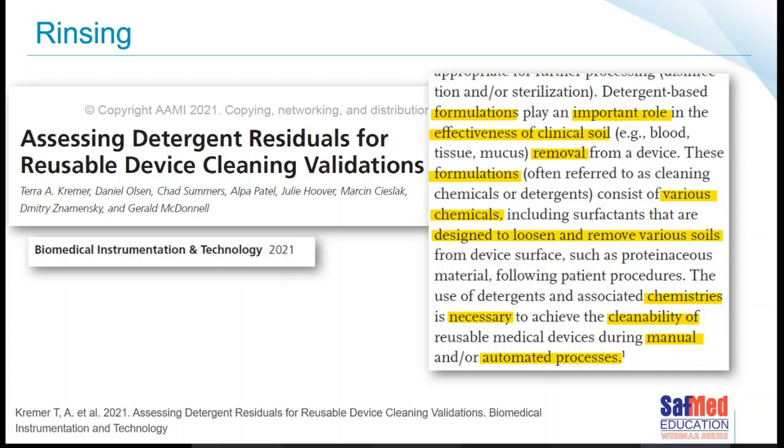This is an article published in a journal called Biomedical Instrumentation and Technology. It's part of the AAMI group. Some of you who are aware of the American standards may have heard of AAMI before.